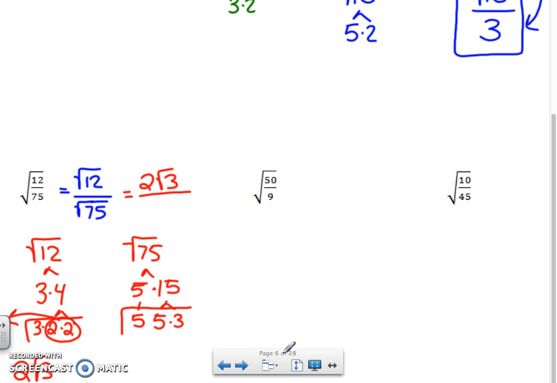I have a pair of 5's in common, so I'll take it out and write it once, and then get root 3. So 5 root 3 is on my bottom. Now I cannot simplify 2 divided by 5, so this is my final answer.